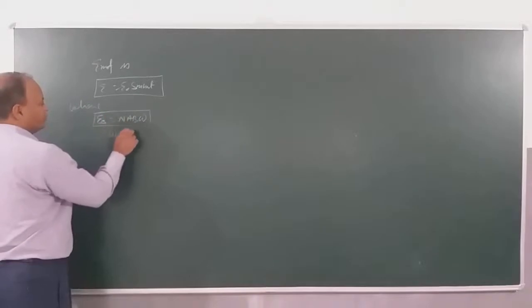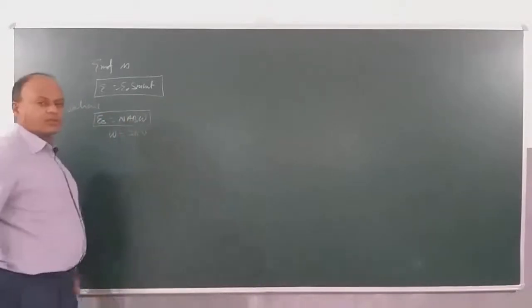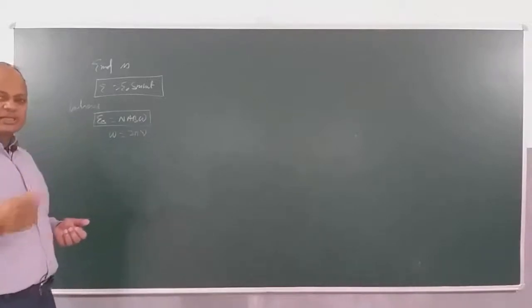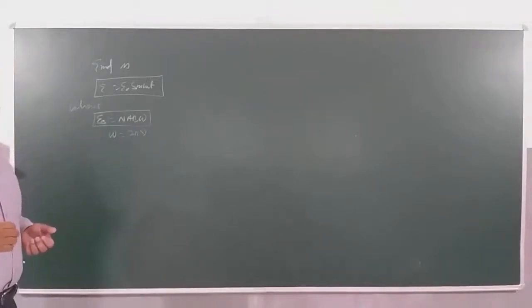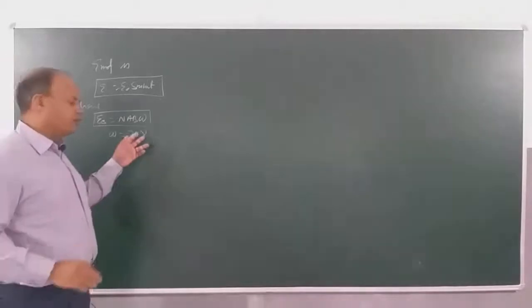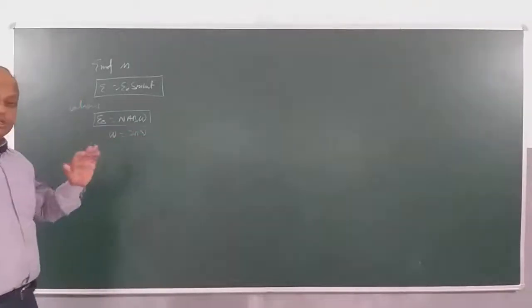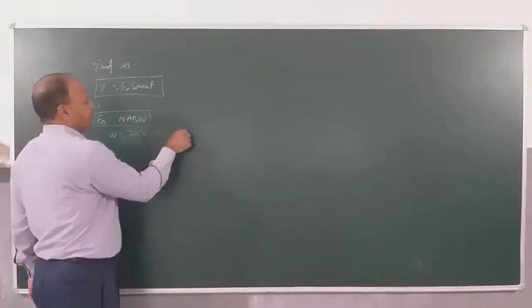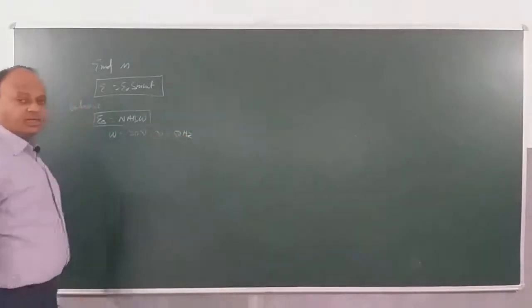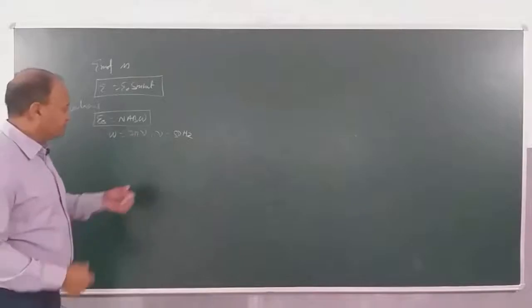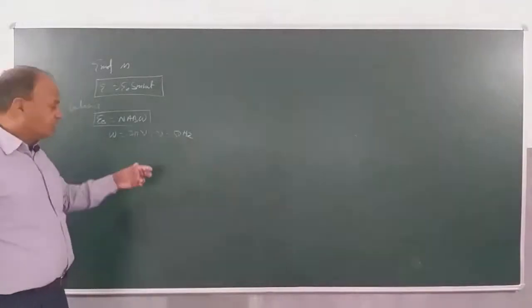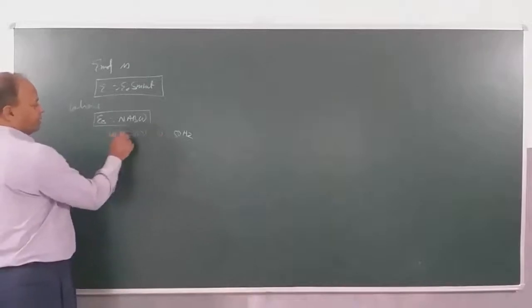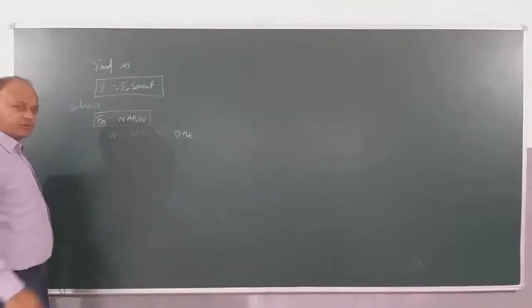Omega is 2 pi nu, where nu is the frequency, how many turns the coil is making in a second. Frequency in India we generally use is 50 hertz. But different countries have different configurations, and whenever you deal with a problem, the value of frequency will be given. So if nu is equal to 50 hertz, then omega will be 100 pi. You can always put whatever value is given.